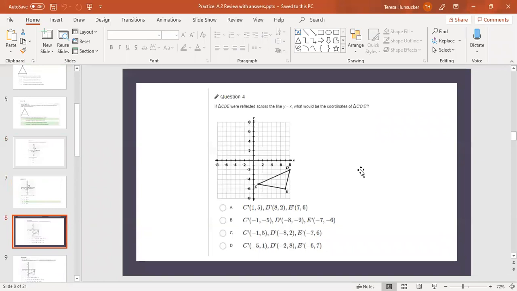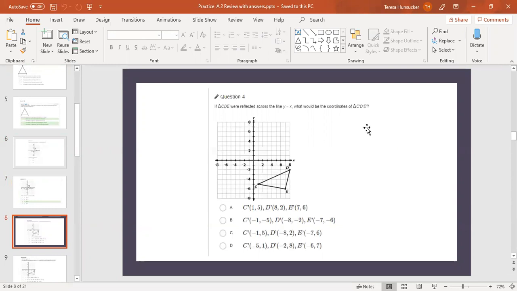Great. Okay, question 4. In triangle CDE, if it was reflected across the line y equals x, what would the coordinates of triangle C'D'E' be?